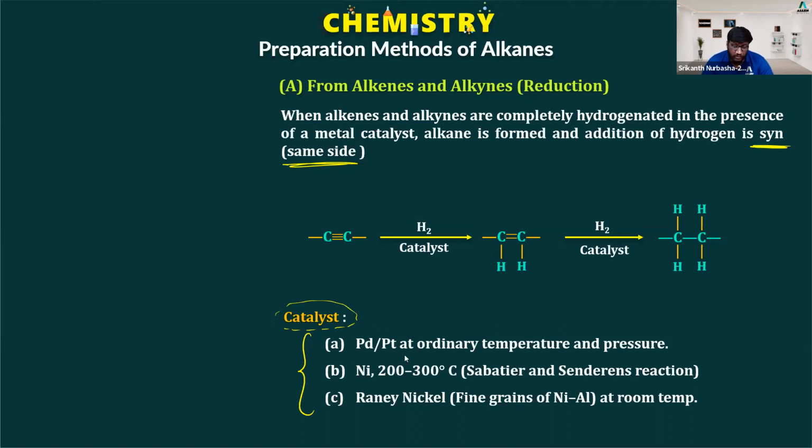What are promoters? Every catalyst will have some catalytic activity. Yes or no? A promoter is that species which can increase the activity of the catalyst. Which increases the activity of the catalyst is nothing but a promoter.